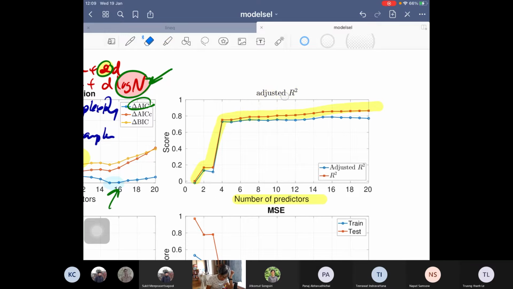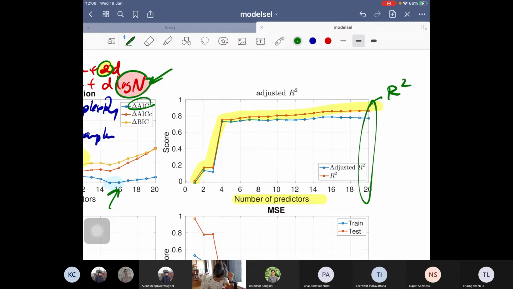Oh, sorry, I said R-square, not adjusted. So R-square is not a good indicator for model selection, because choosing the model that has maximum R-square always ends up with the most complex one. On the other hand, that's why we use adjusted R-square.